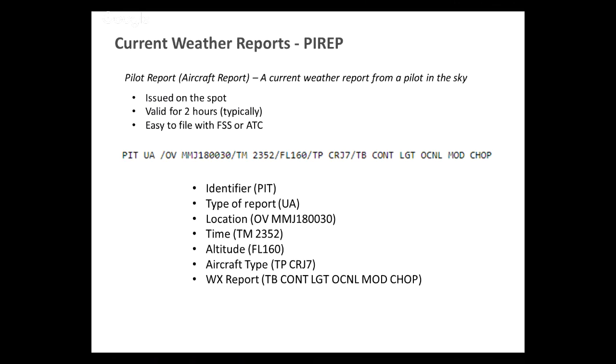Upon calling in, he just says, "Hey, Indianapolis Center, this is CRJ November 1234, flight level 160, experiencing light turbulence and occasional chop." And that's all that air traffic controller needs to file this PIREP, because he's got the altitude, he by default has the time, and because he's got radar, he by default has the location. So that's how air traffic control will file a PIREP. Make sense?